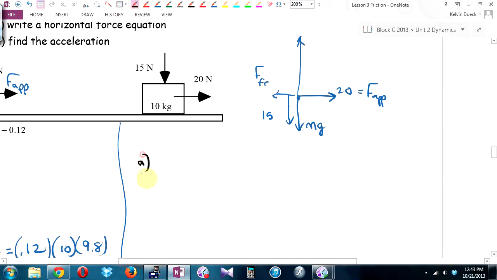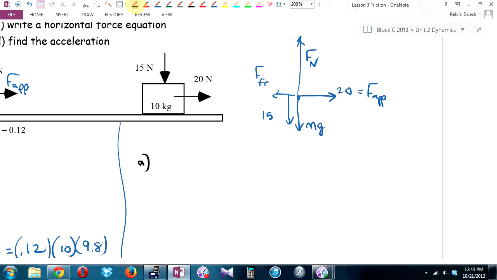Part A said, write a vertical force equation. Can you see it? What equals what? Oh, you know what? I forgot to put an Fn on here, didn't I? Let's do that and label my force. Now let's try that again. What equals what? Bree, was that a hand?